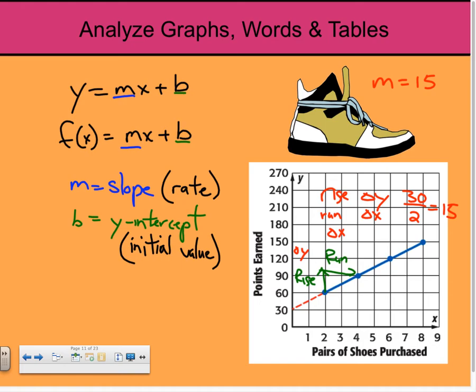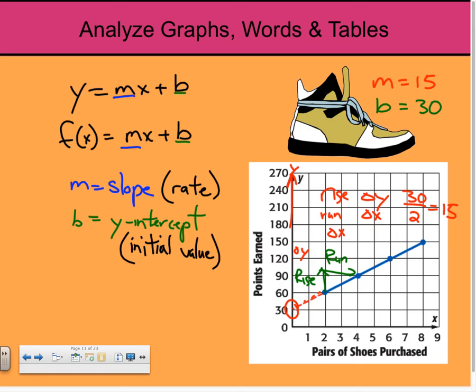So when we haven't bought any shoes, how many points do we have? If we look at the graph, the initial value or y-intercept is where our line crosses the y-axis. So here is my y-axis. And notice that if I extend this line, it crosses right here where y equals 30. So my y-intercept or my initial value is 30.